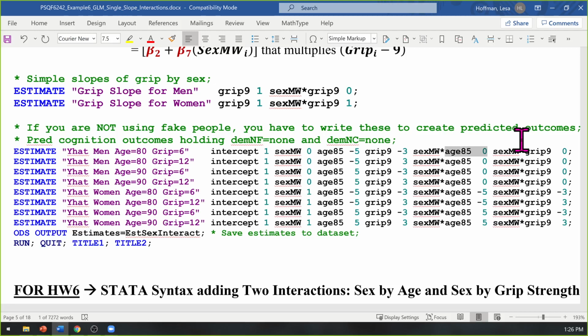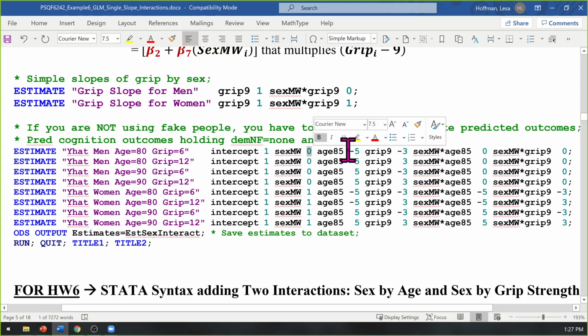Any ideas? Is it because male is 0? Ding, ding, ding. It's because 0 times -5 is 0. The interaction terms are literally the multiplicative combination of whatever you put over here for the variables the first time.